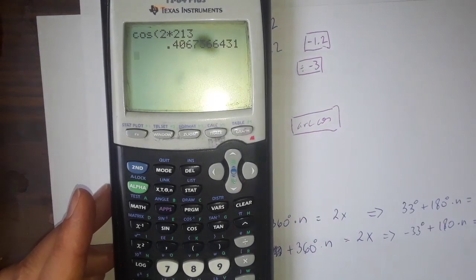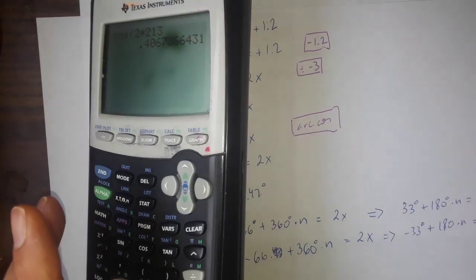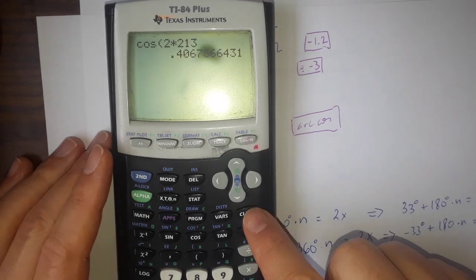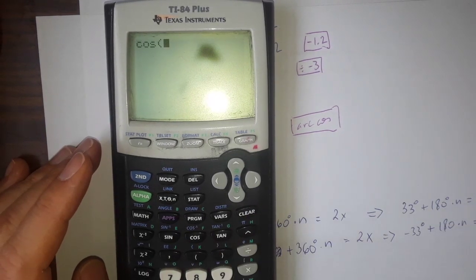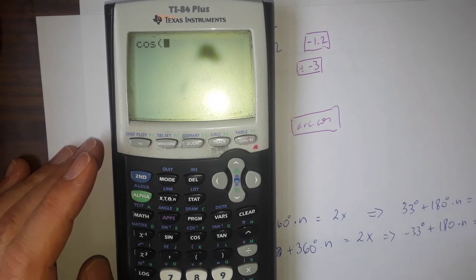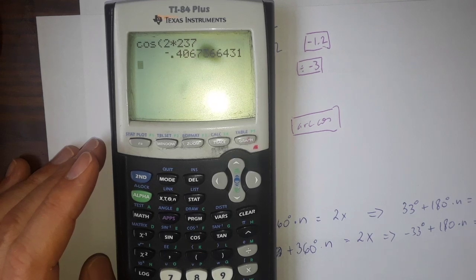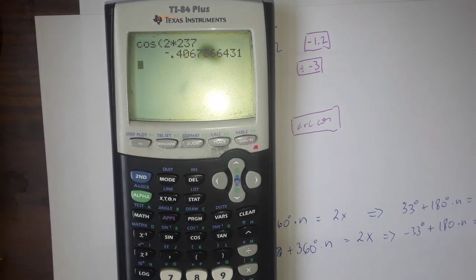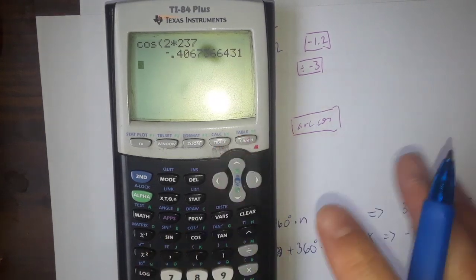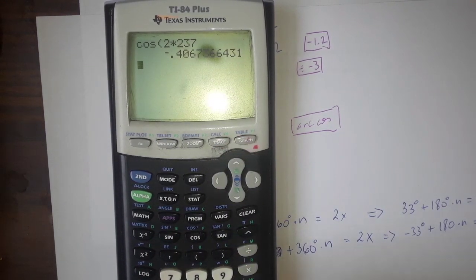It's not exact because I dropped that 0.42. And if we do cosine of 2 times 327, oh my god, missing the times. Wait, I did something wrong in here. Oh my god, it's 327. Cosine of 2 times 327. Here we go, 0.4.